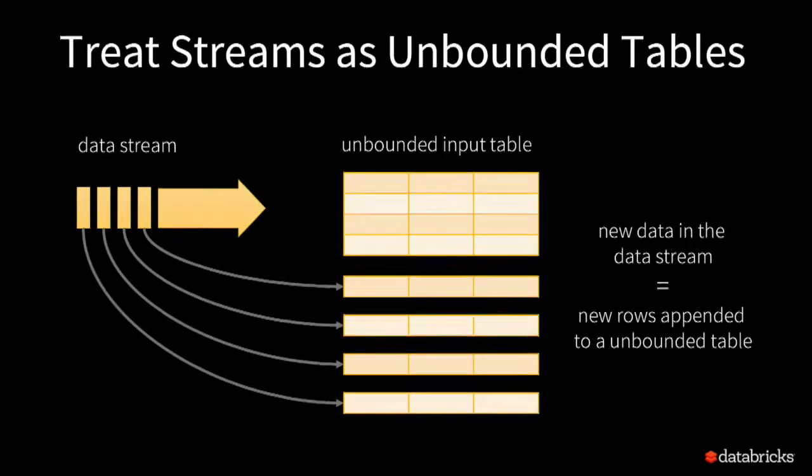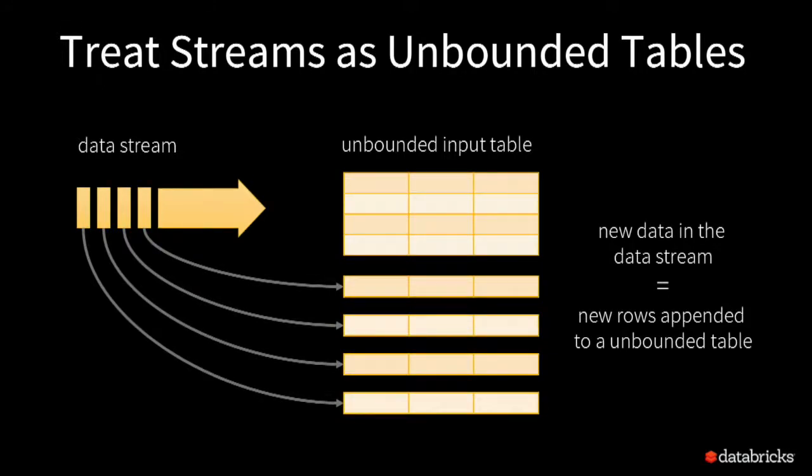So that led us to the simple idea: why not treat all streams as unbounded tables. Imagine a stream where new events are coming in. You can imagine that as a table where new rows are getting added all the time. So this table is continuously appended, and it is essentially unbounded.